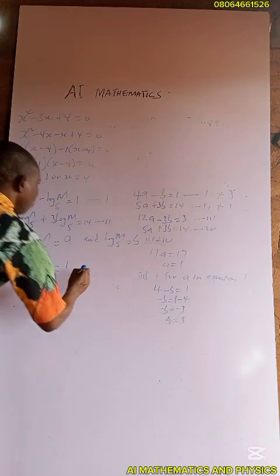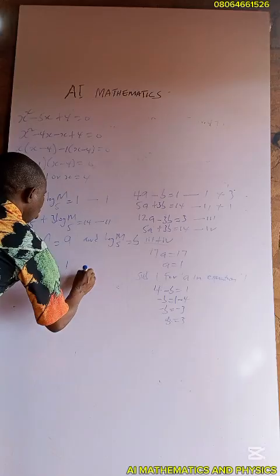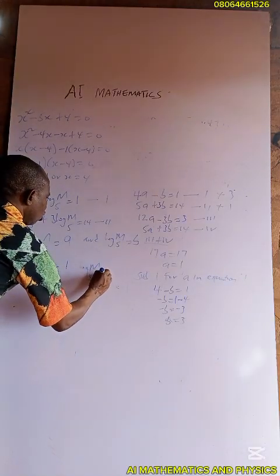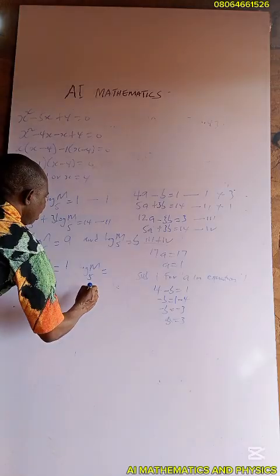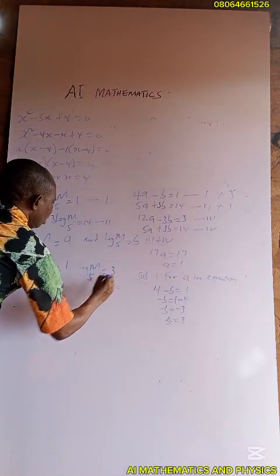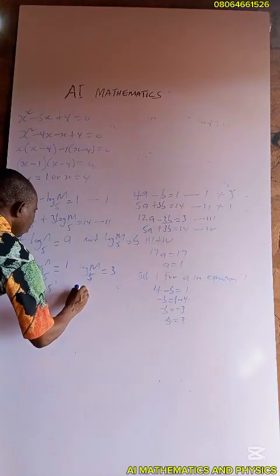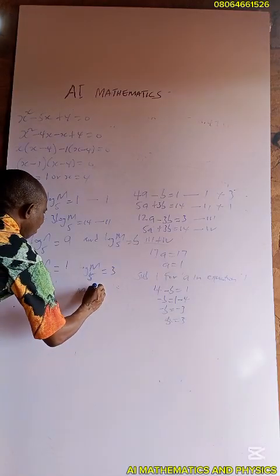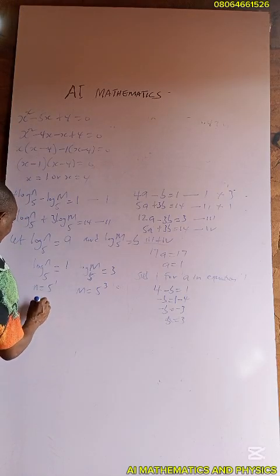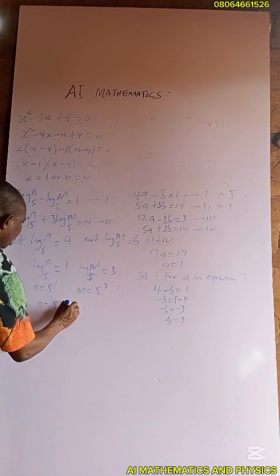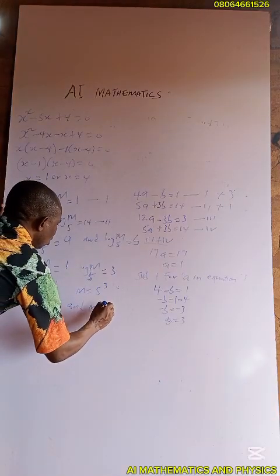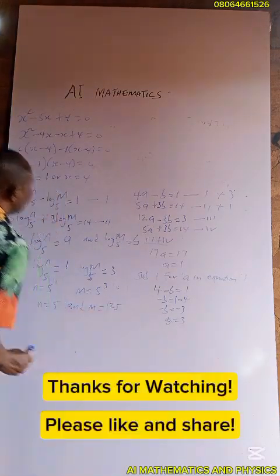We also have log m base 5 is equal to b. Our b is 3, which means m will be equal to 5 raised to power 3. So our answer will be n is equal to 5 and m is equal to 125. That's the answer.